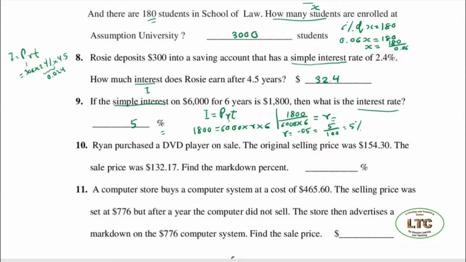10. Ryan purchased a DVD player on sale. The original price was that much. The sales price was that much. So discount. Yeah? What is the markdown percent? Okay, markdown is original price 154.3 minus 132.17.